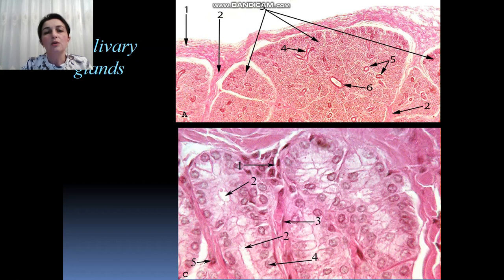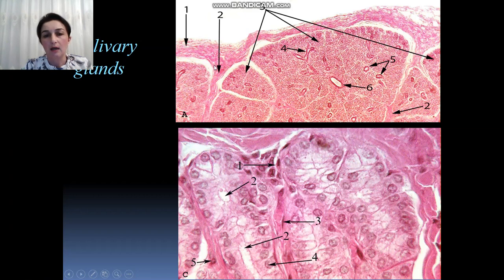First of all, let's talk about the salivary glands. The salivary glands are paired glands associated with the oral cavity, and they are the paired parotid, submandibular and sublingual glands. All of them have the same principle of structural organization.